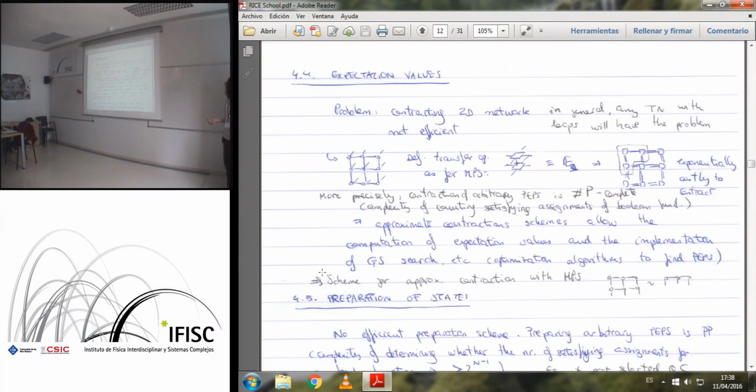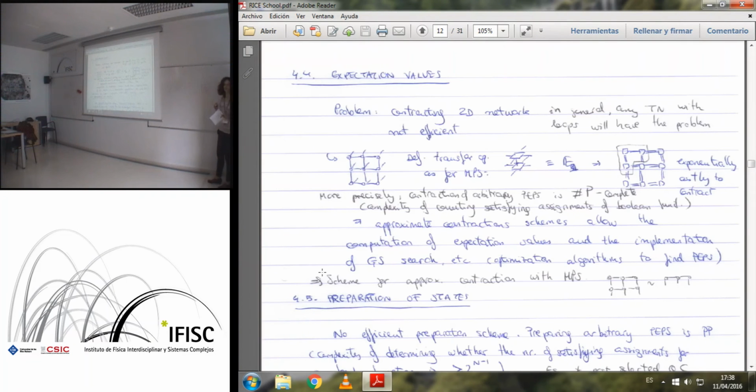But in some other cases, it won't be. But what is the idea? The idea is to use the kind of algorithm that we have for one-dimensional systems. You can see this two-dimensional network that we are going to contract now, and you can just see it as, okay, this boundary has this structure.